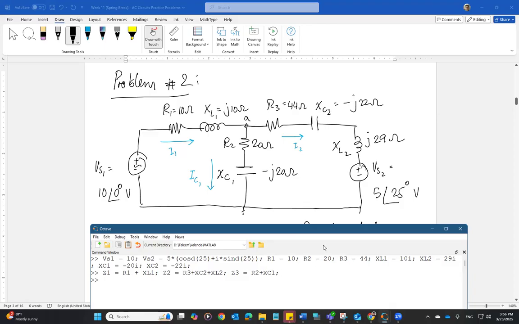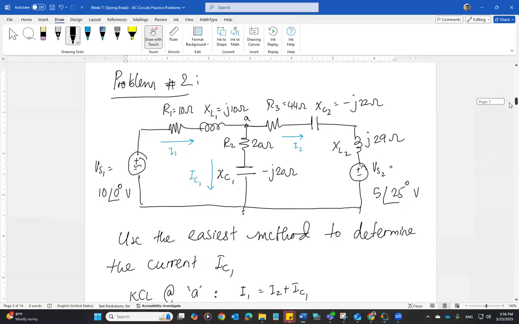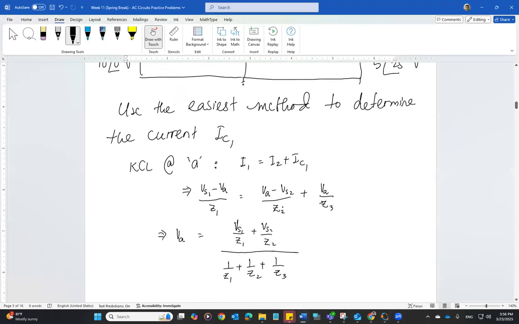So these are my Z1, Z2, and Z3 that I have defined over here.